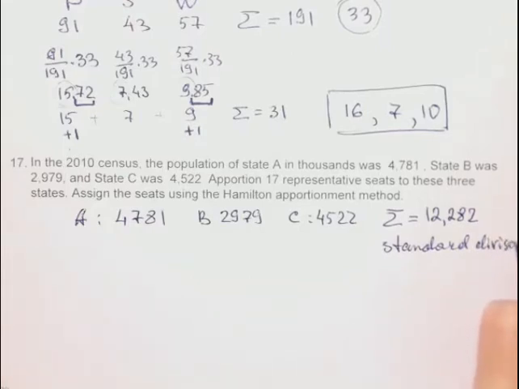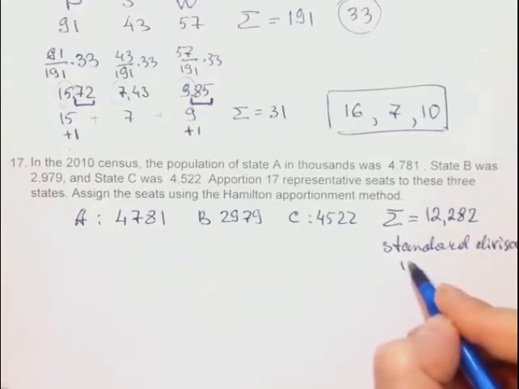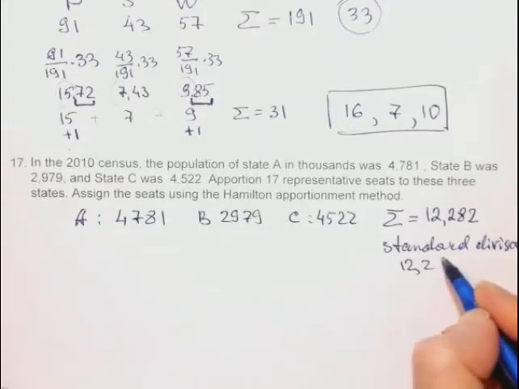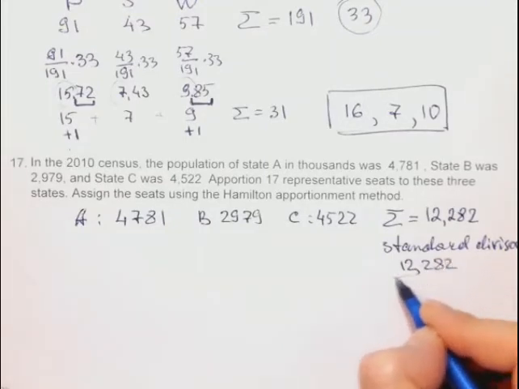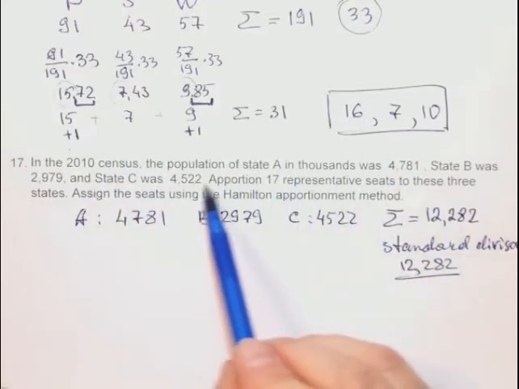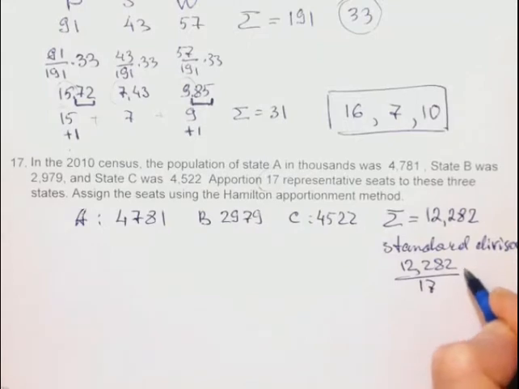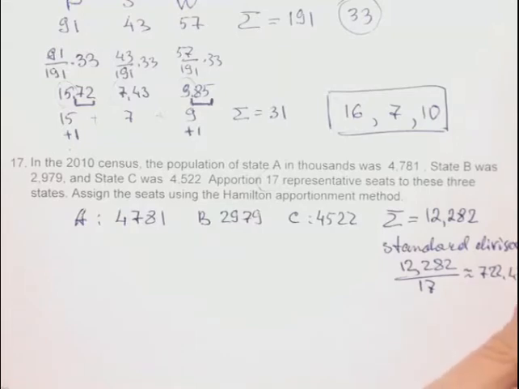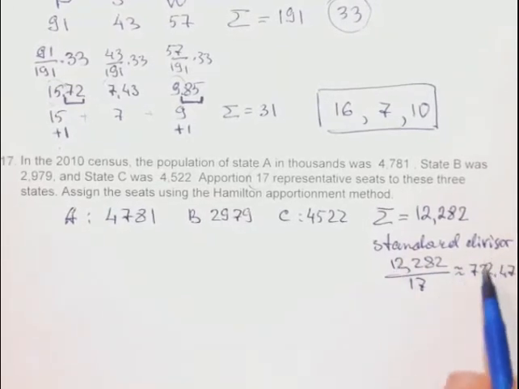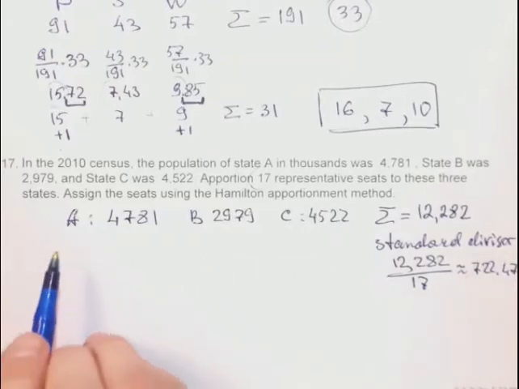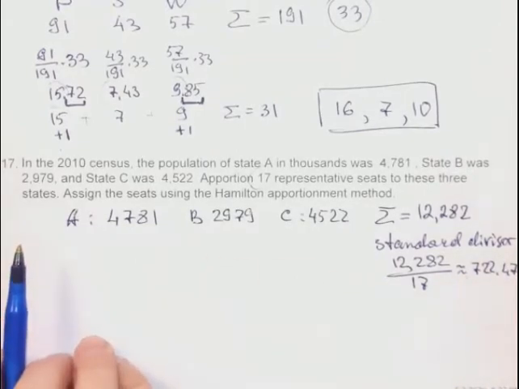So let us find the standard divisor for this apportionment. Standard divisor, we divide 12,282 by the number of representatives, apportion 17 representatives. So standard divisor is 722.47. So 5 significant digits must be enough for calculations.